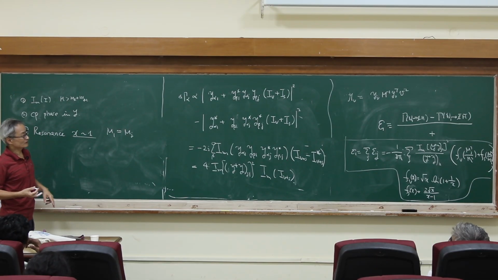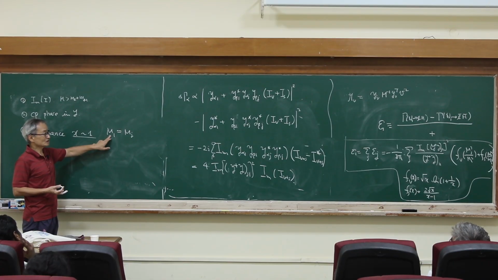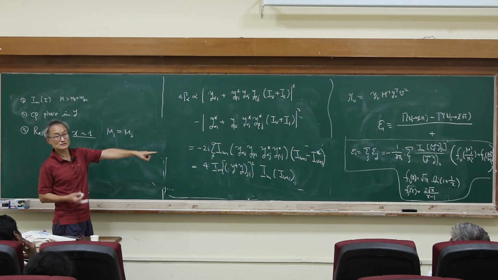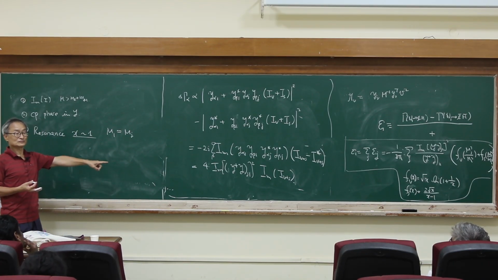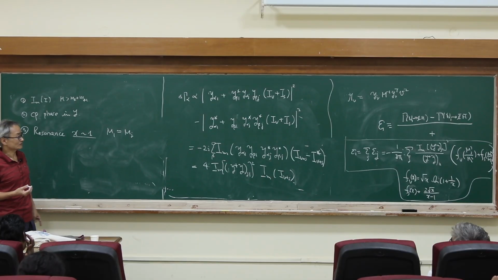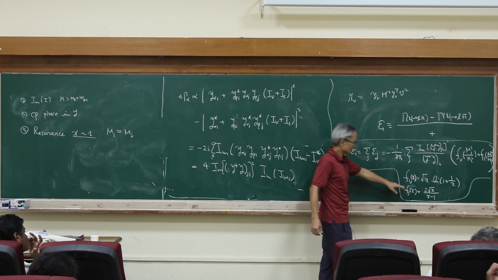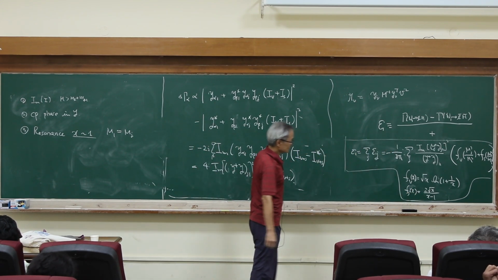But you may like to think of this low scale type 1 seesaw, so then this may be in the TeV range. In that case, epsilon should be very small, so it can be smaller than 10 to minus 10, which you need for the baryon asymmetry. So then you can enhance this by going to the resonance point.